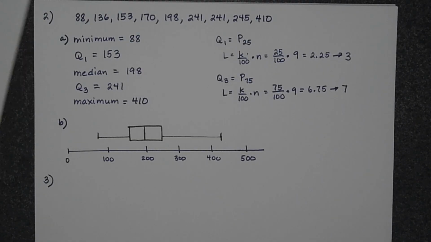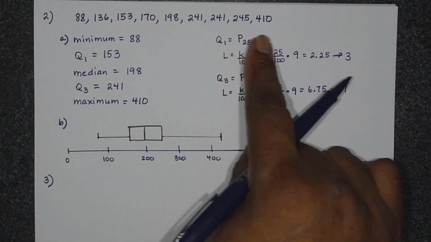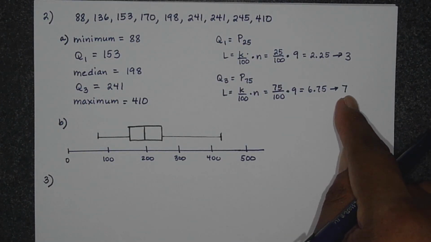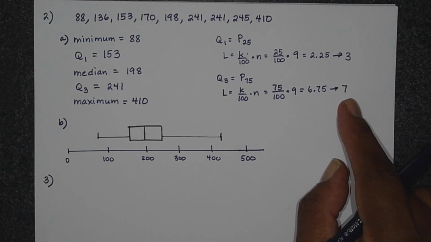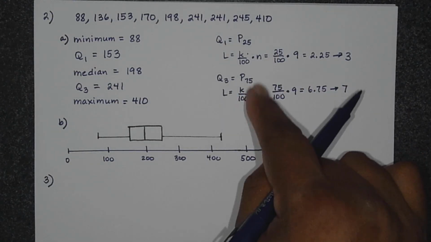For Q1 and Q3 on number 2, if you already know that it's an odd number of data values, do you have to show the formula? Like if you already know that it's 153, do you have to show that part, the K over 100? Yeah, you have to.